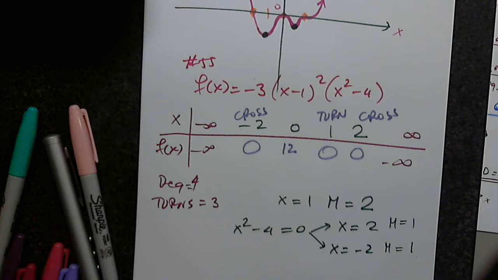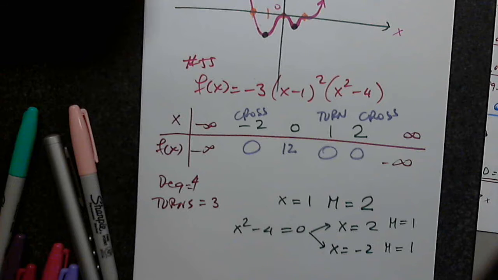From negative infinity, crossing at (-2, 0), crossing at (0, 12), it has to turn because it's coming at (1, 0) and turns. It has to turn again because it's coming at (2, 0) and going to negative infinity. One more time.